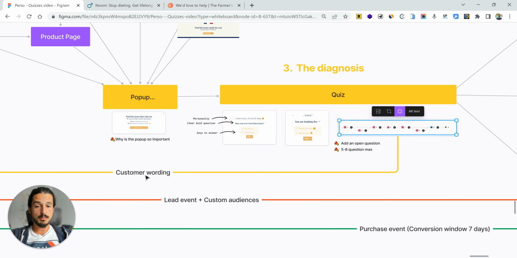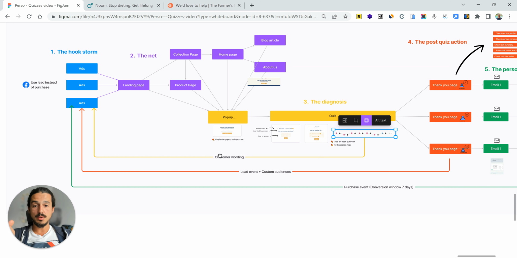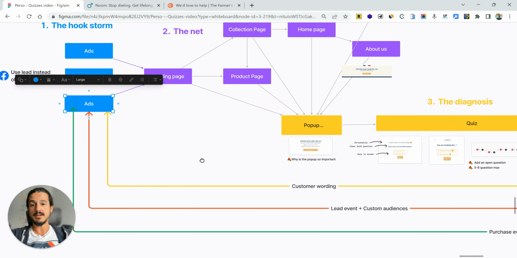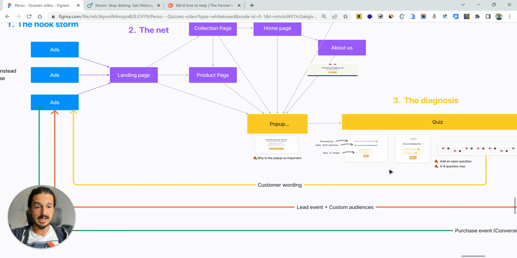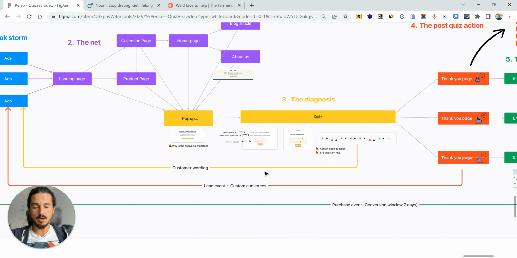But the customer wording you will find in the open question is your marketing. When you get it, from that you create new hooks, new angles, new ad copies, and you feed your ad campaign with new creatives that come directly from what the customer says. Customer, or the prospect rather, because at this step they are not customers yet.